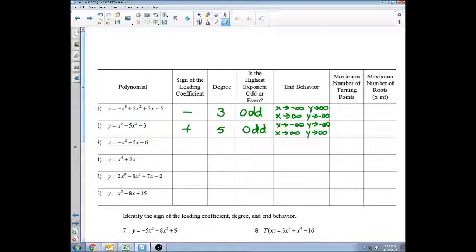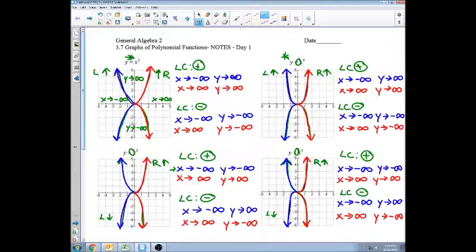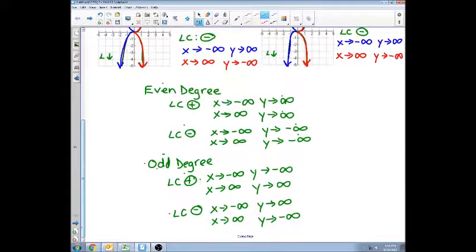On to problem 3. So in problem 3, my leading coefficient's negative. My degree is 2. So that means I have an even degree. Okay? Remember, my x's will always be the same. Nothing's changing there. Okay? But we can go back and take a look at an even degree with a negative leading coefficient.